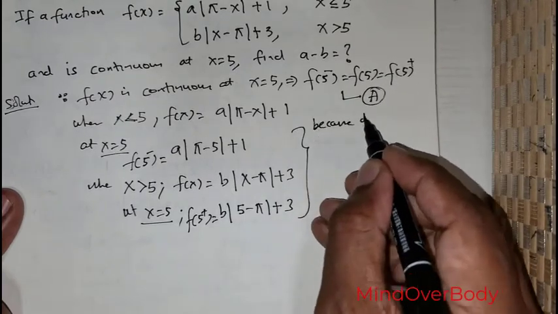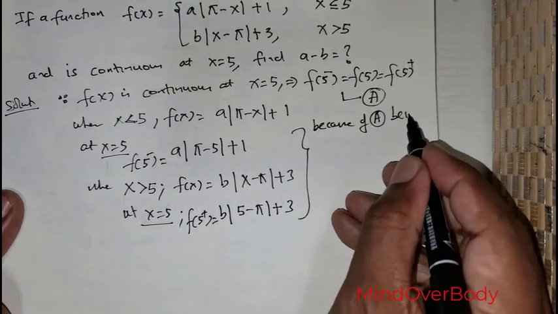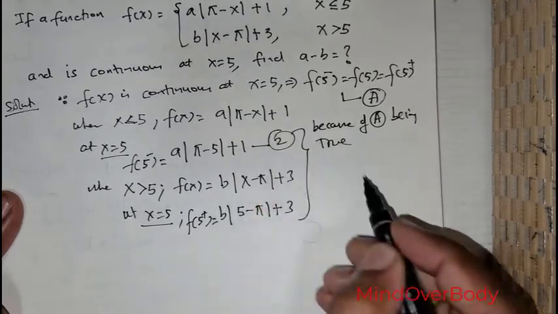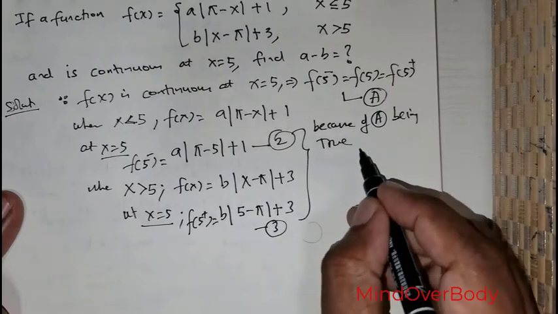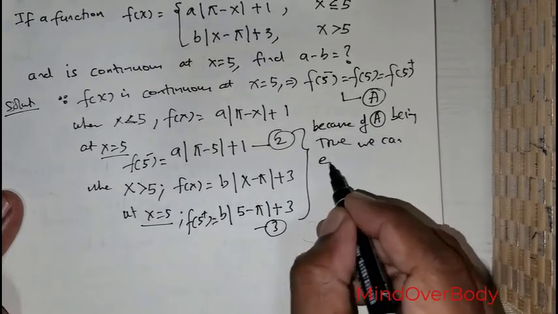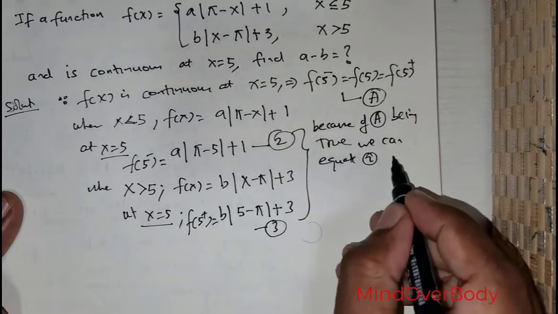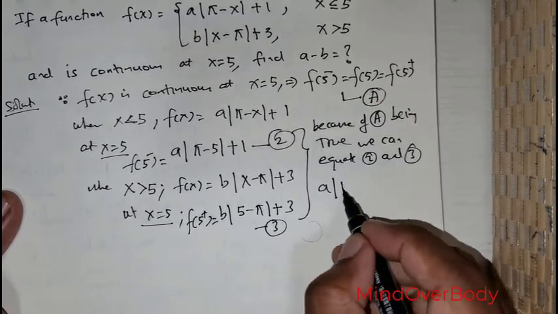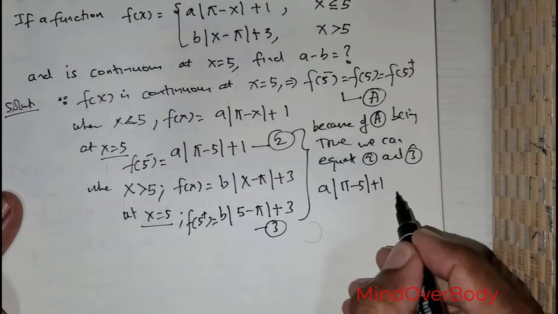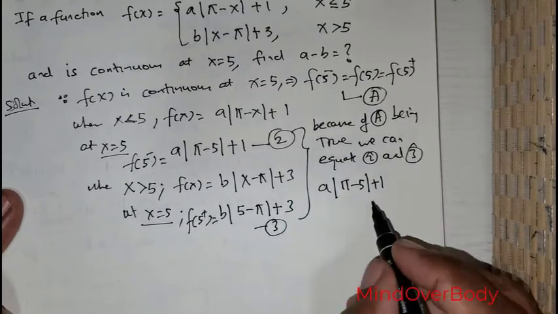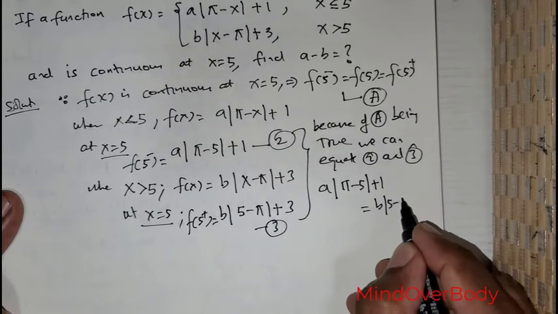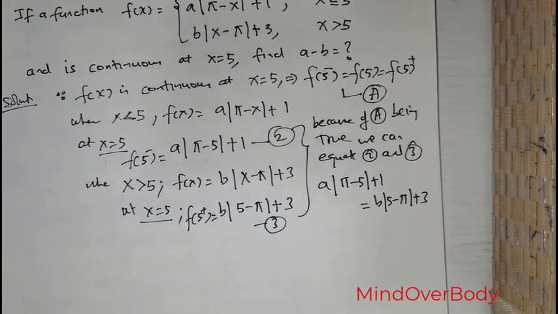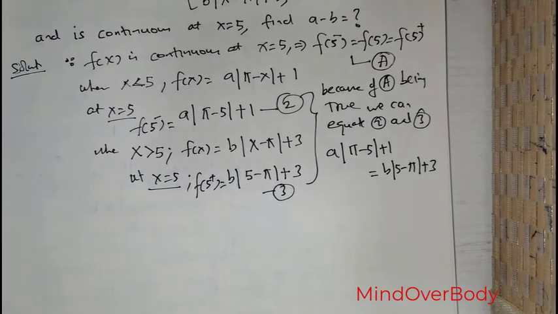Because of A being true, I can easily equate 2 with 3. So that means I got a times modulus of (π − 5) + 1 is equal to b times (5 − π) + 3. I will have to go to the next line and complete the question.